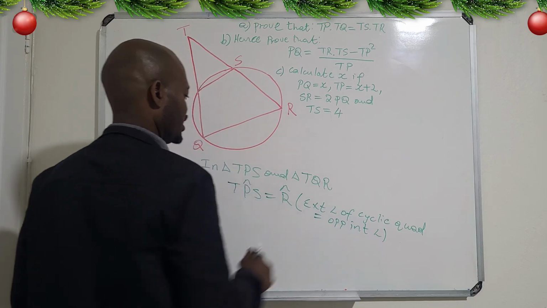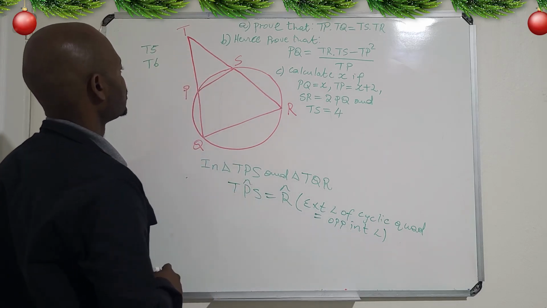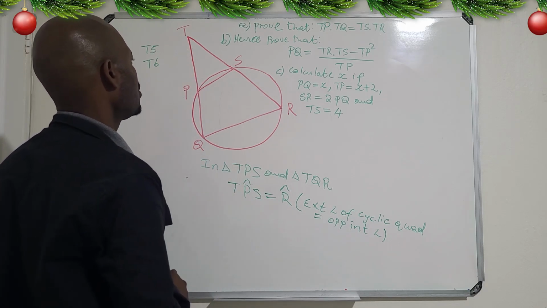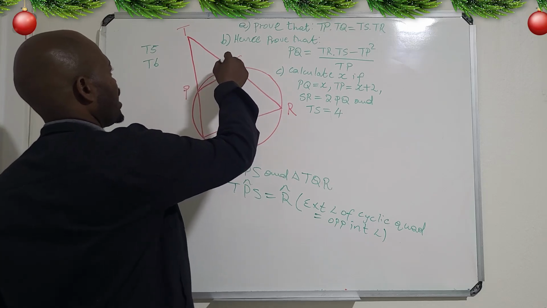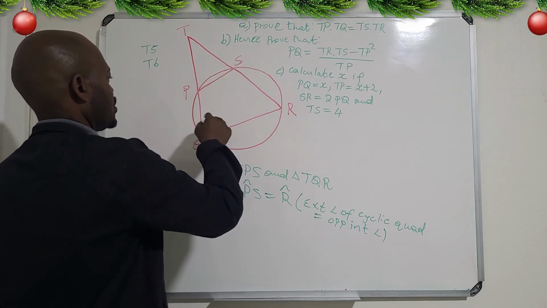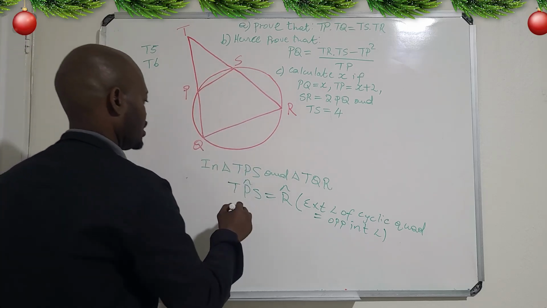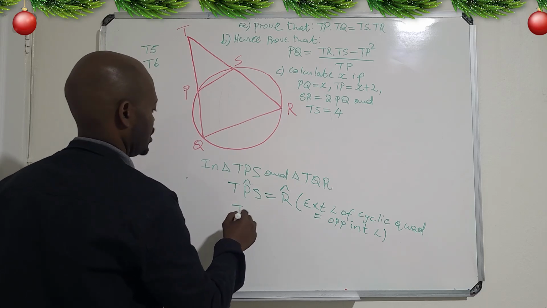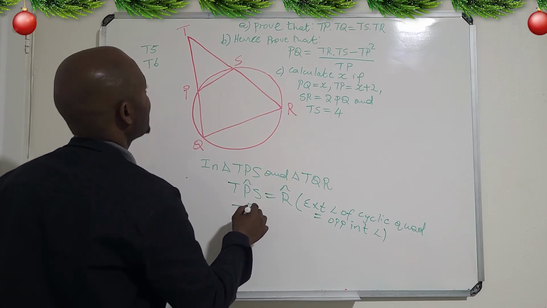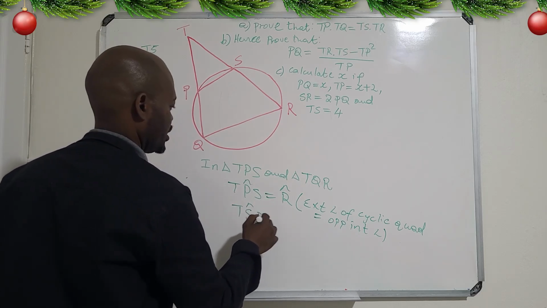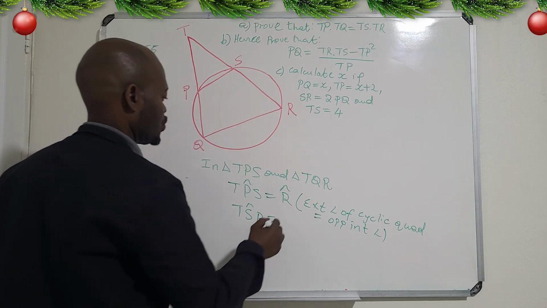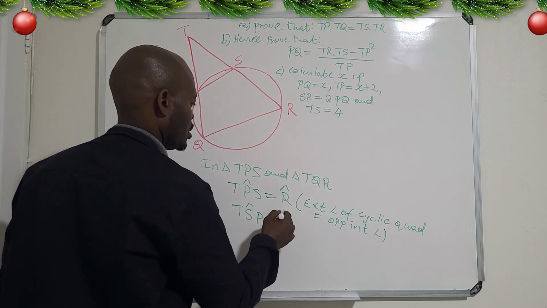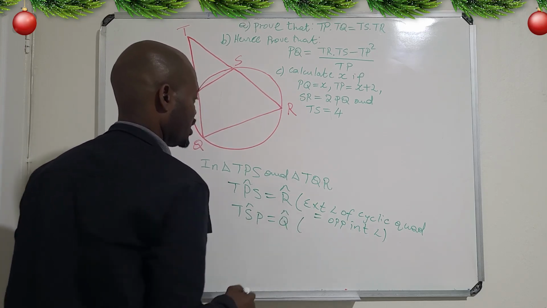Exterior angle of cyclic quadrilateral is equals to the opposite interior angle. Now, also, this angle there is equals to this angle there. Angle SPT is equals to angle Q. Reason?